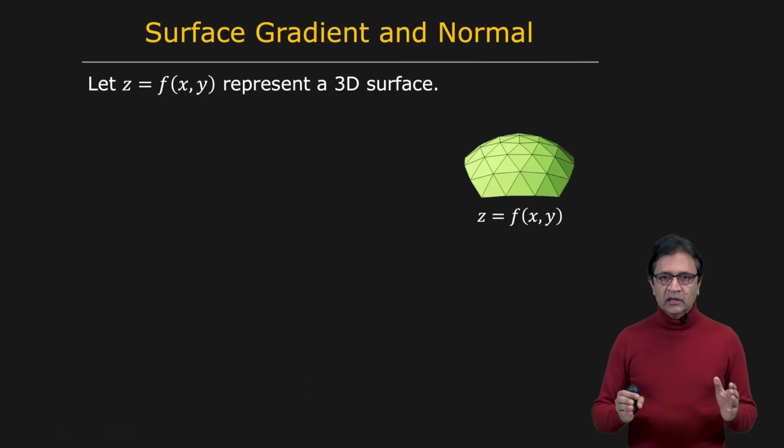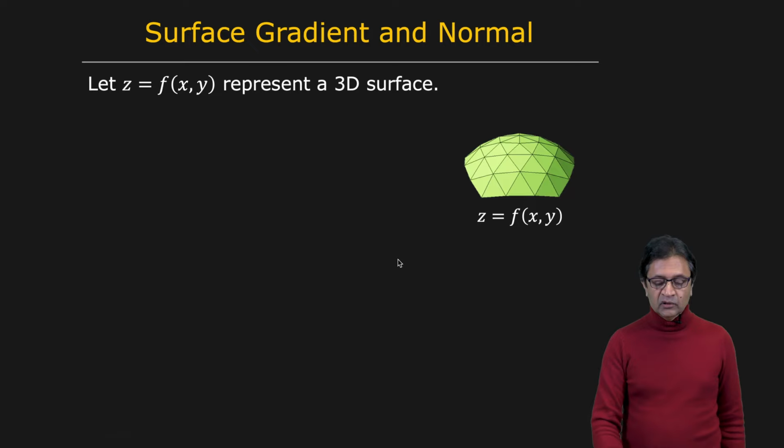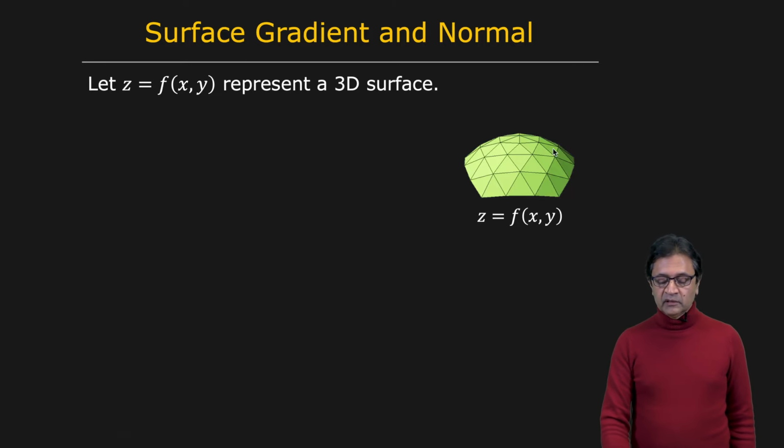Now let's take a look at an elegant, simple way to represent surface orientation information, and that is called the gradient space. So let's assume that this is your surface right here, z equal to f of x, y. At each x, y, you know z, which is the depth of the surface.